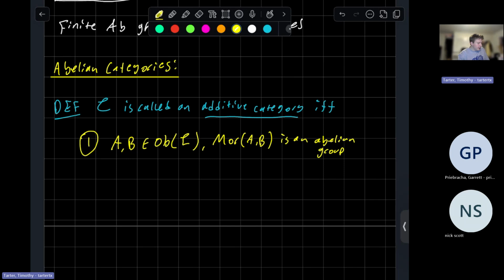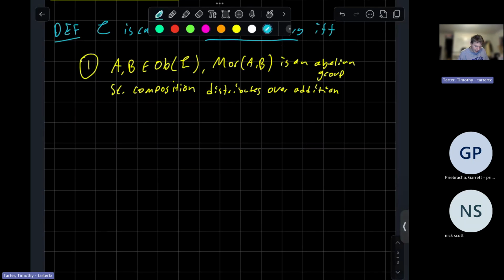And also it is an abelian group such that composition distributes over addition. That's a key part. And this is our notion of bilinearity, right?